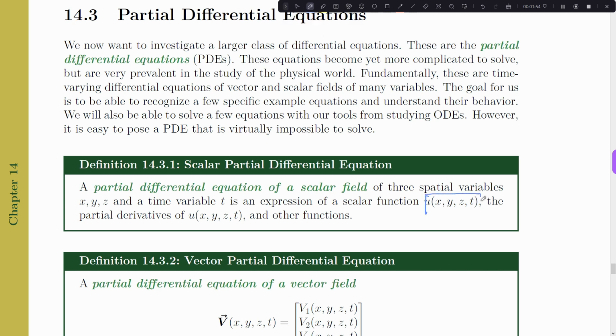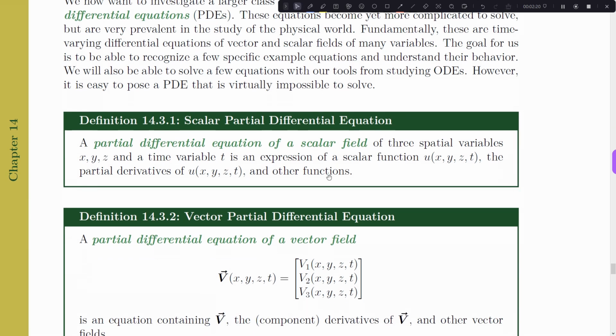So let's look at this, and let's say maybe, for example, something like partial u partial x plus partial u partial y plus partial u partial z equals partial u partial t. It's a perfectly valid scalar valued partial differential equation.